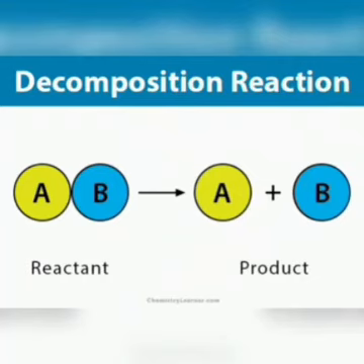The reaction in which a single reactant breaks down to give simpler products. It is the opposite of combination reaction. In combination, A plus B gives AB, and in decomposition, AB gives A plus B. There are also different types of decomposition reaction.